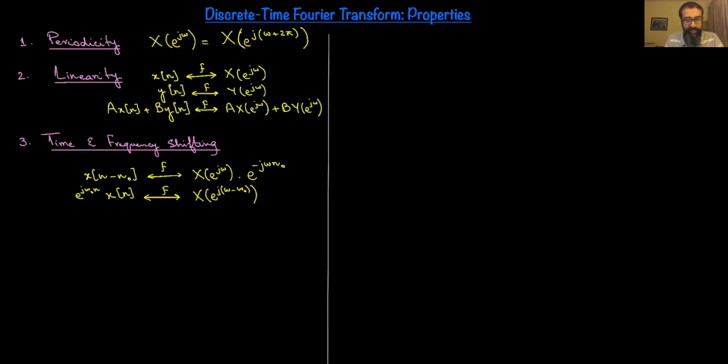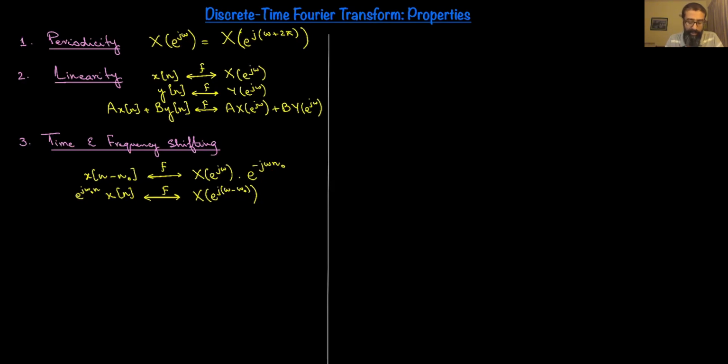Linearity is very, very similar. I don't need to say a lot about this. Superposition in the time domain is equivalent to superposition in the frequency domain. All right, that's all I'm going to say. On time and frequency shifting, if I shift in time, that's equivalent to multiplication in the frequency domain, or the Fourier domain, by an exponential.